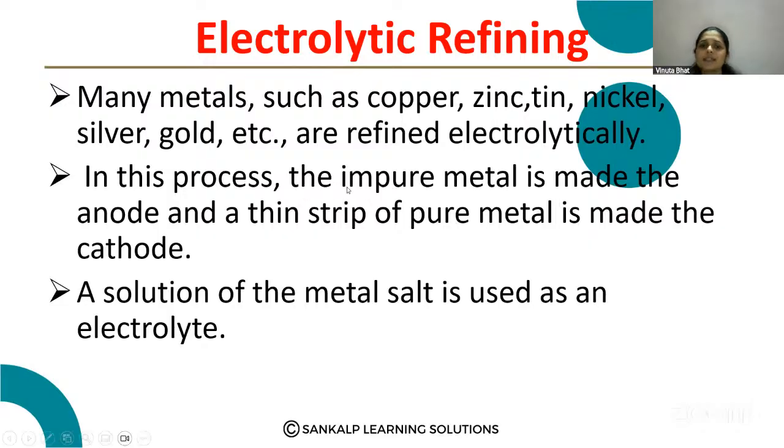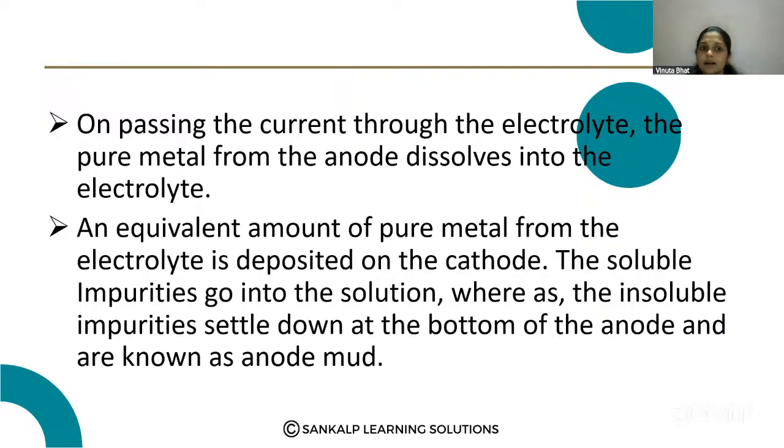In this process, impure metal is made the anode, and a thin strip of pure metal is made the cathode. The pure metal from the anode dissolves into the electrolyte.